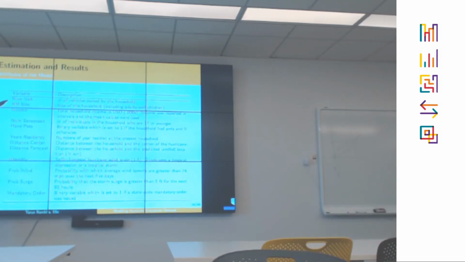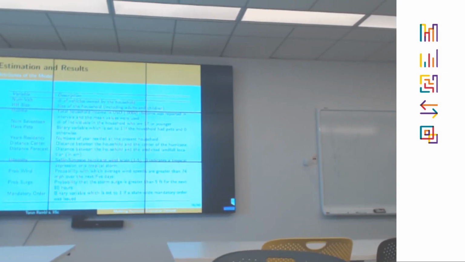So this is your X vector. It has a bunch of things which don't change, number of vehicles, household size, these are all going to be the same over time. And then it has a bunch of attributes which change over time. Now in the perfect information model, we assume that everything in the future is completely known to the individual. This is a very restrictive assumption to make, but it's a good starting point.